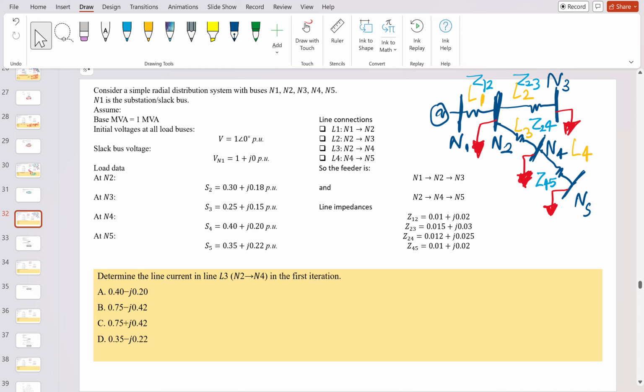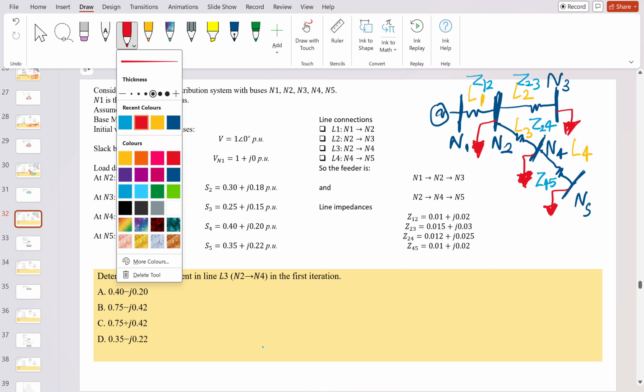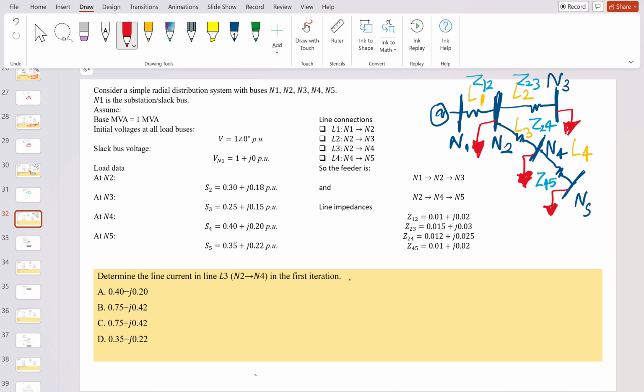Okay, let me give the solution. So when you see the overall network, N2 to N4, it is asking what will be the current which is flowing. N2 is connected like this. N2 is here.